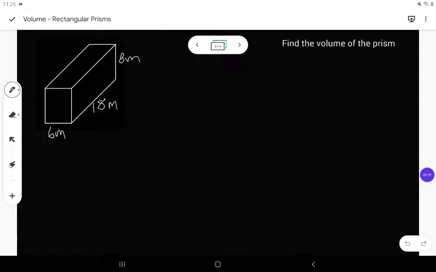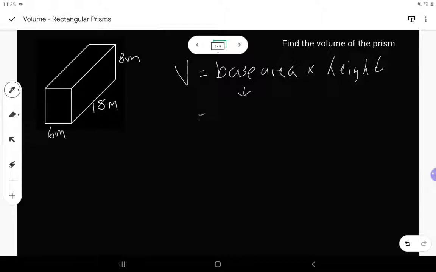So starting off here, I'm going to say that volume is equal to the base area times the height of the prism. And my base area in a rectangular prism is going to be length times width, and then I multiply by the height after. So I get length times width times height. My length would be 6 going along the front.